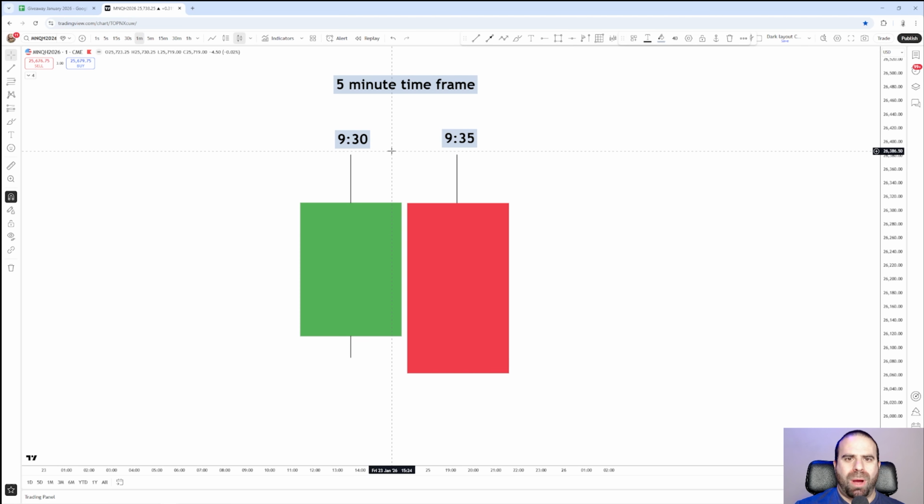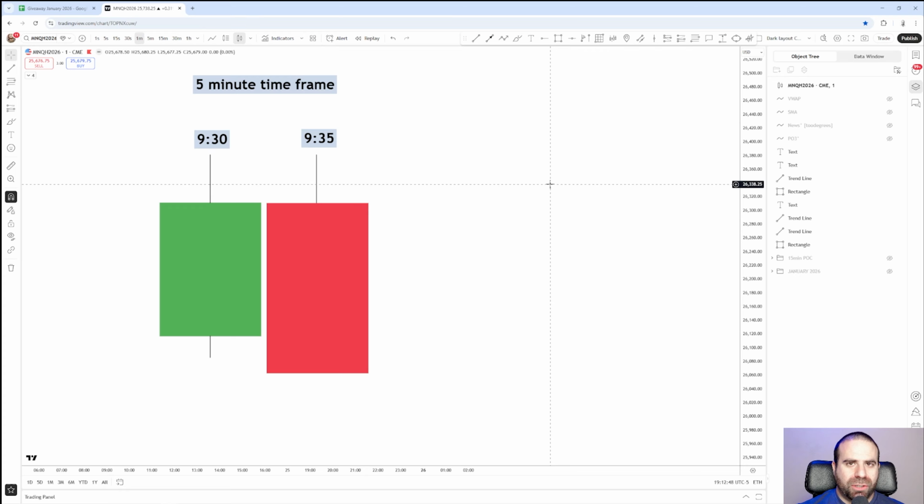The reason why I have highlighted the 9:30 candlestick as well is to show you that you will not be doing what other people are doing. So we will not be using the highs and the lows of the 9:30, but the highs and the lows of the 9:35. This is an ORB setup, an opening range breakout, which you will be using every single day at those exact times.